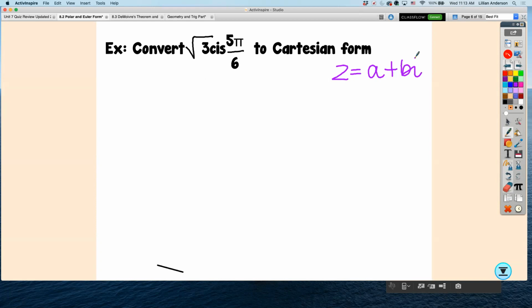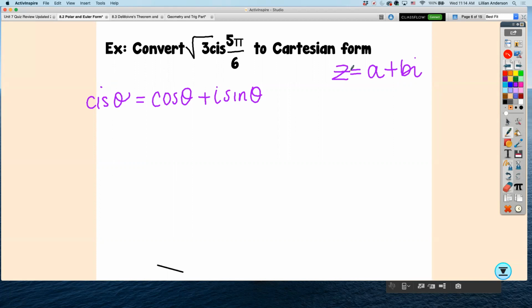Now this is where you would want to use the more expanded form of what cis stands for. Remember, cis is cosine theta plus i sine theta. Okay, that's what cis stands for. So using this more expanded form, you'll be able to write it in Cartesian form or rectangular form.